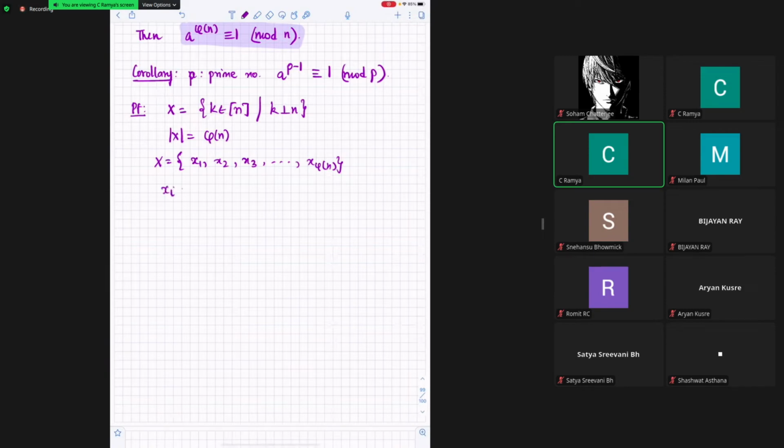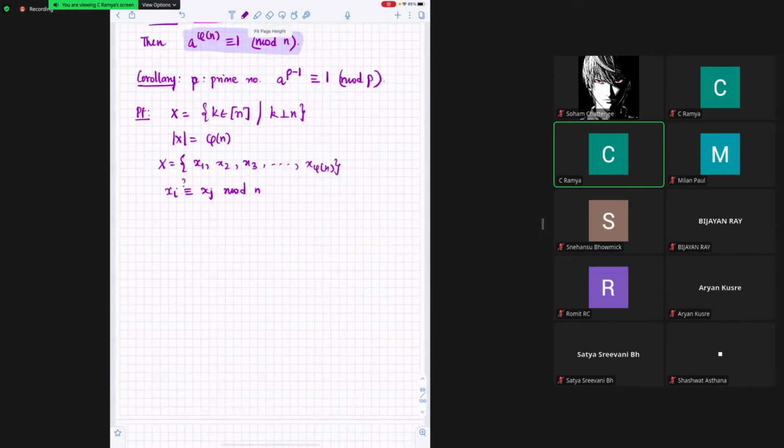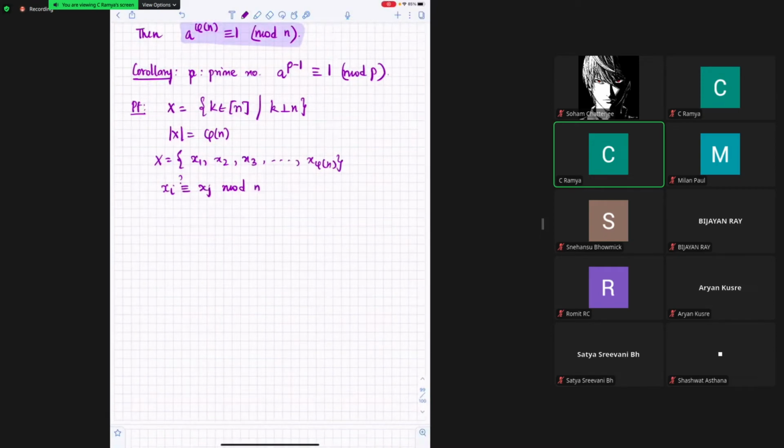Now, can xi be congruent to xj mod n in this set? Is this possible? No. Suppose it were. Then n would divide xi minus xj, so this will be something like kn is equal to xi minus xj.